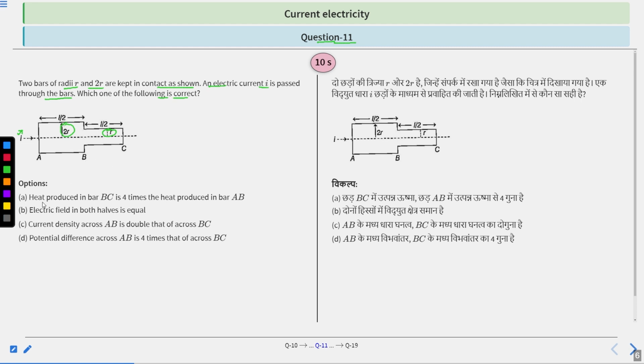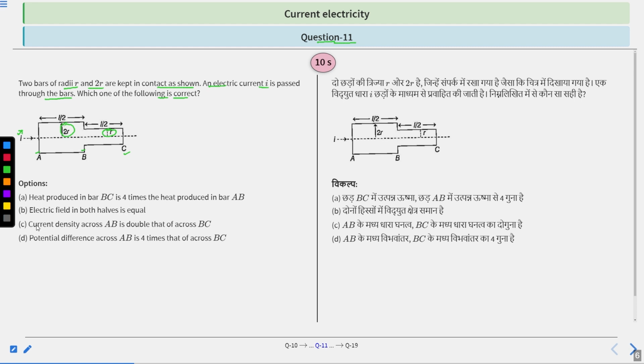Given options. Option A is, heat produced in the bar BC is 4 times the heat produced in the bar AB. Option B is, electric field in both halves is equal.